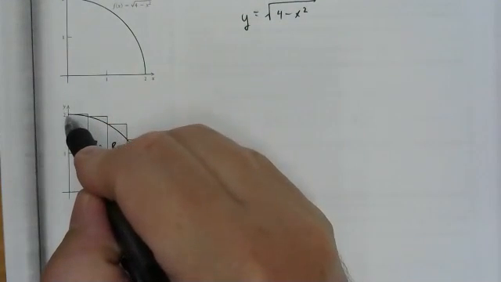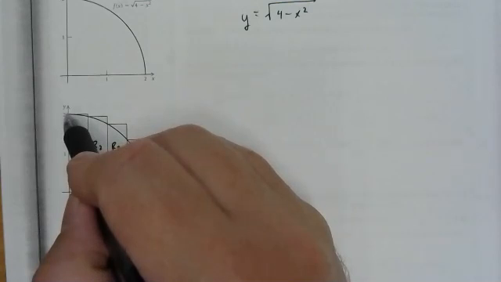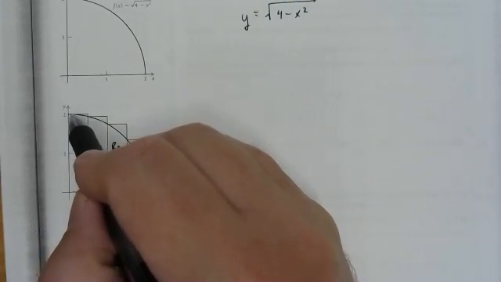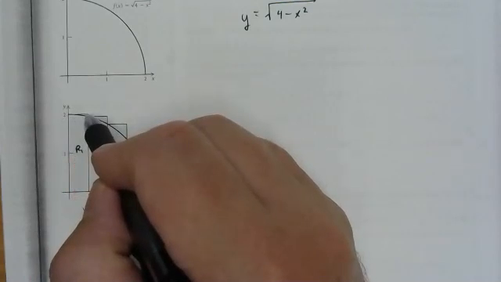Now this one's pretty easy to see. The height of this first rectangle is here at 2. You notice when you do this, the left side of the rectangle is right on the function, and then the right side is usually off.